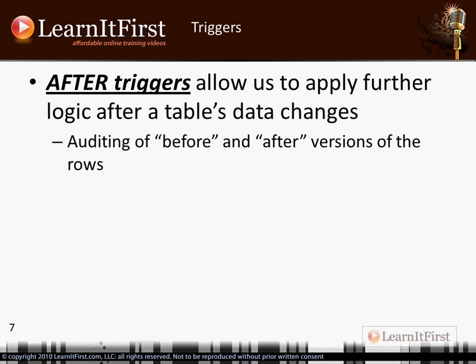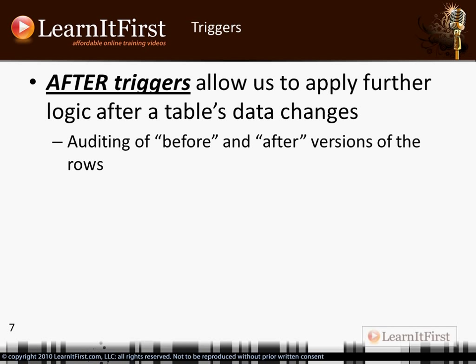When you're inside the trigger code, so you as the programmer, when you're coding the trigger, you can query the before and after versions of the rows. You remember when we were in chapter 6, and we were talking about the inserted and deleted tables? Remember the output clause of the insert, update, and delete?